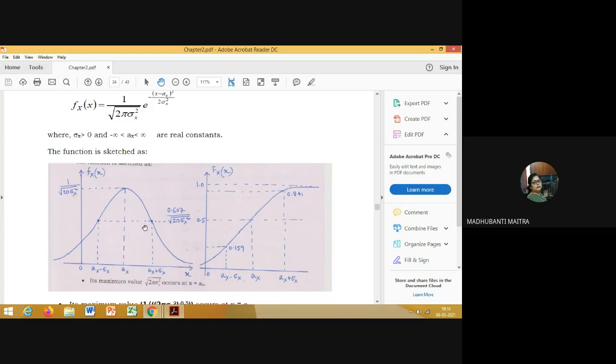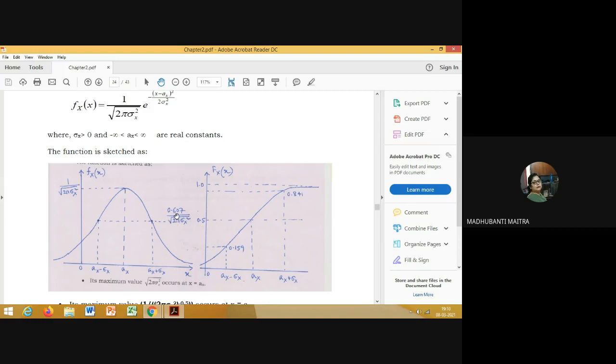At these 2 symmetrically placed points, the peak value has dropped to 0.607 divided by root over 2 pi sigma x square.